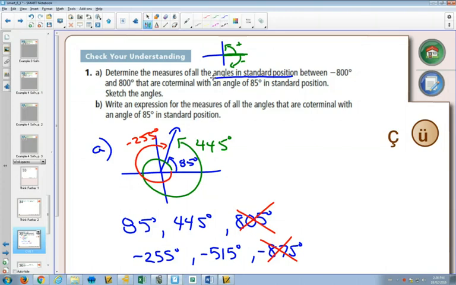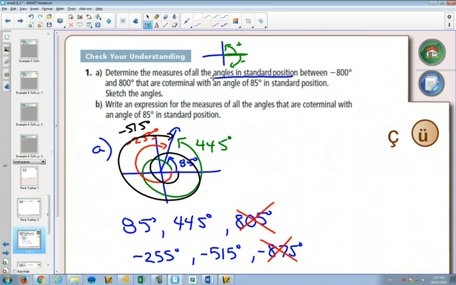And if we wanted to show, ooh, it's getting busy on here, negative 515, it would look like that. I didn't draw them really nicely all together there, but the more times you go around, the bigger the angle gets.